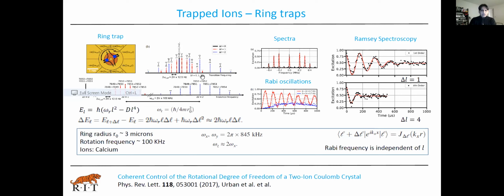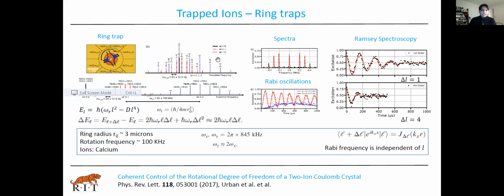These lines are actually the transition lines for various angular momentum changes. The central one is basically the zero change line, and there is a 1 h bar and 2 h bar transition. This one is from 0 rotation to h bar of rotation. This is from 1 to 2 and so on and so forth. And there are counter-rotating pieces here.